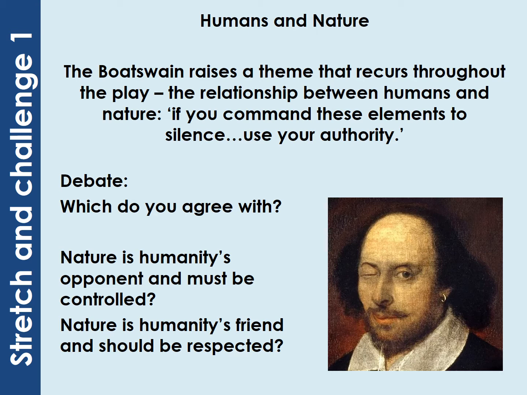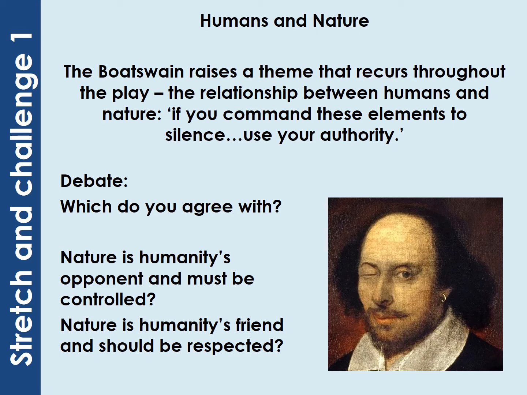So one of these key things in the play is the dichotomy, the contrast and relationship between humans and nature. So, for instance, the bosun raises a theme that reoccurs, and he says, "If you command these elements to silence, use your authority."